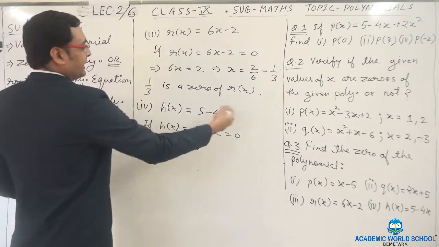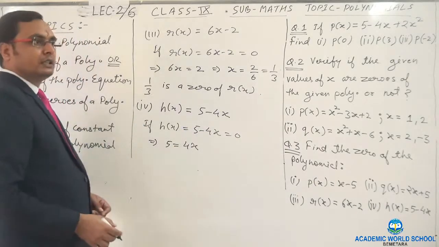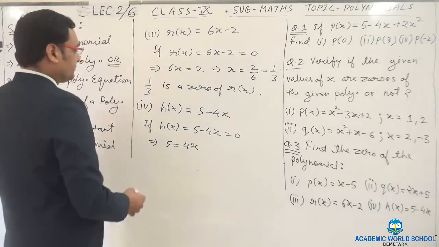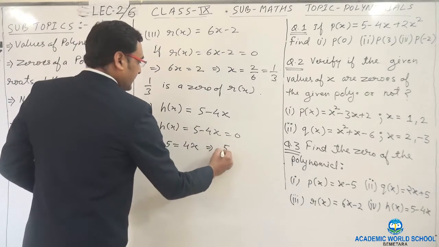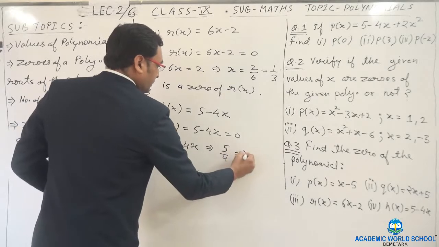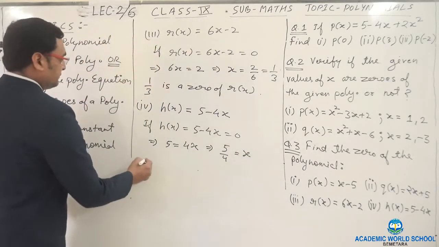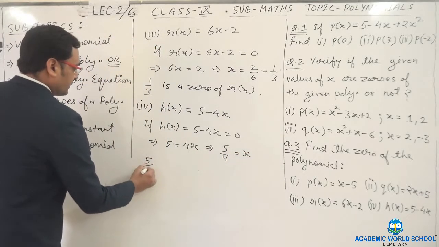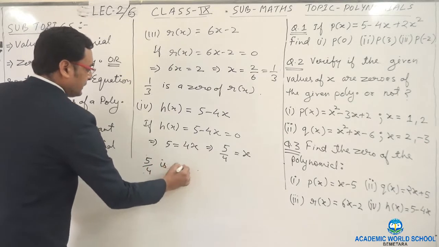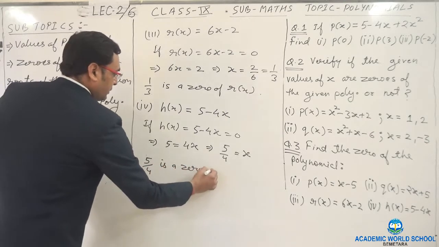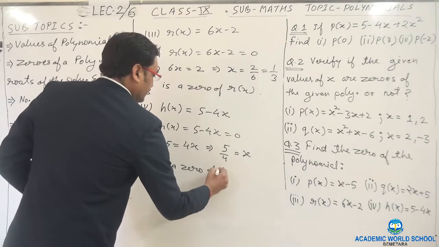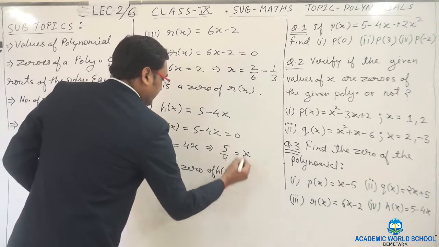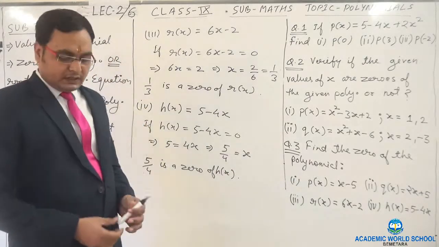You brought this minus 4x to the right hand side so that the negative terms become positive. Divide by 4 on each side, you will get 5 upon 4 is equal to x. So 5 upon 4 is a 0 of h(x).